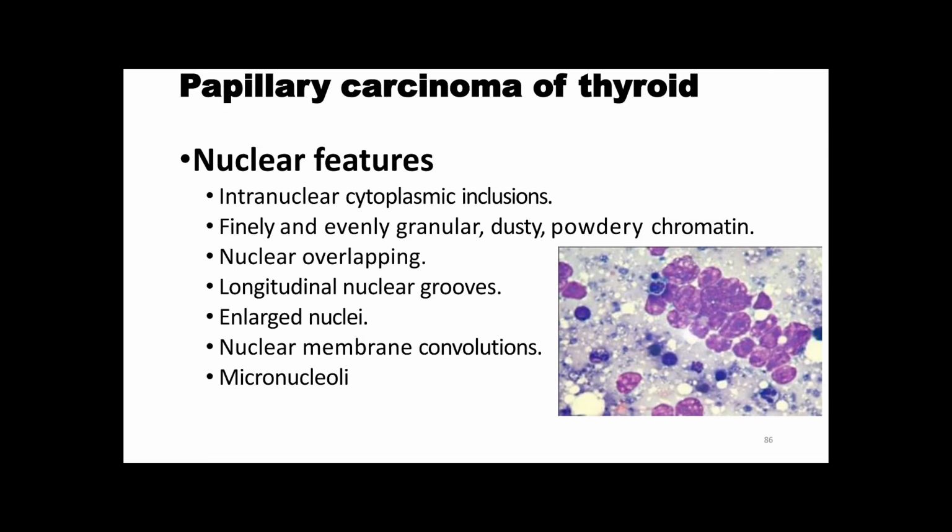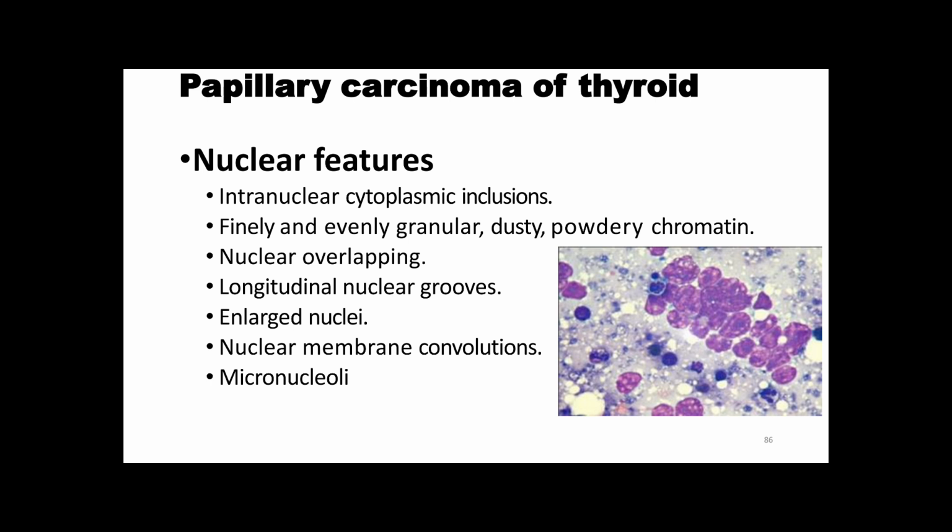Next, the papillary carcinoma of thyroid. When we consider the nuclear features, intranuclear cytoplasmic inclusions can be seen. Here you can see vacuole-like things, and another feature is finely and evenly granular, dusty, powdery chromatin.